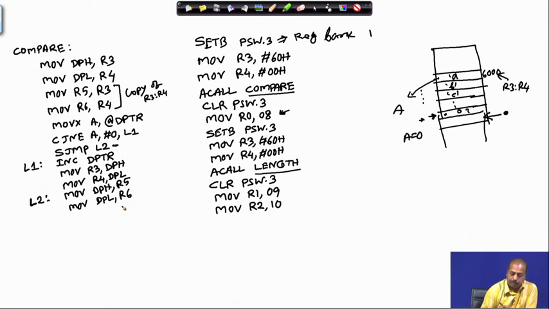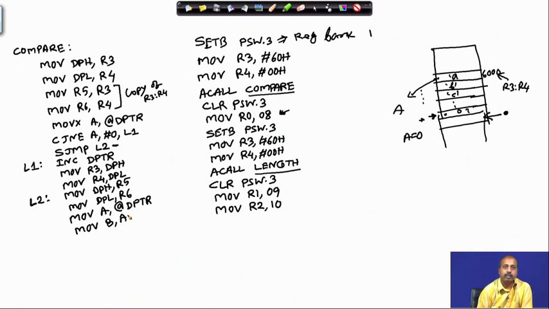In the R5 R6 pair we had stored the previous DPH DPL values, so those values are moved. Then we do MOV A, @DPTR. From DPTR we are getting the next value; we have come back to this point and got the character again. Then we save this character read from the first string into the B register.